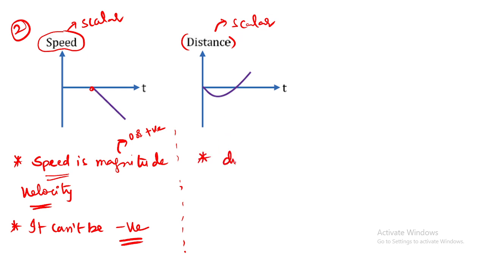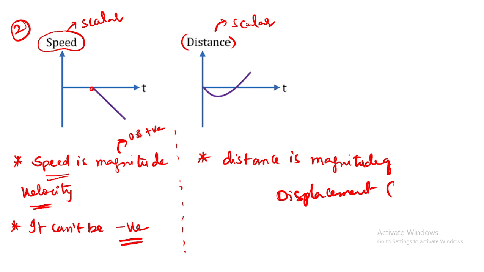Distance is the magnitude of displacement. So it can also be 0 or positive, but not negative. So the same reasoning you can write here also: it cannot be negative and these graphs are not possible.